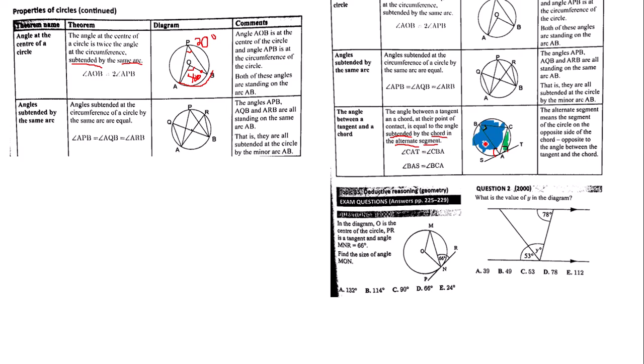So if this angle in the smaller segment is 30, pardon my elementary style writing, then this angle CAB is also 30 degrees.